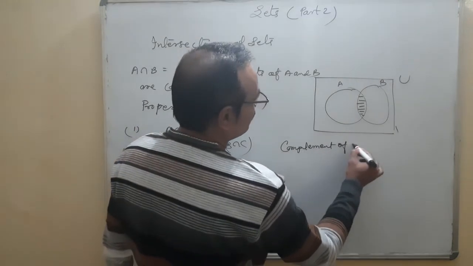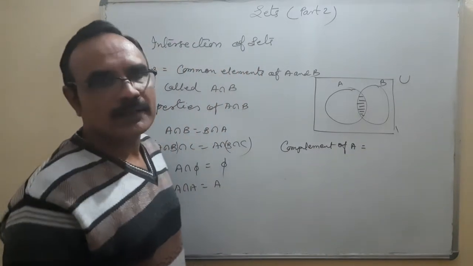Right. So union, intersection. After that, complement. Complement of A, what does it mean?